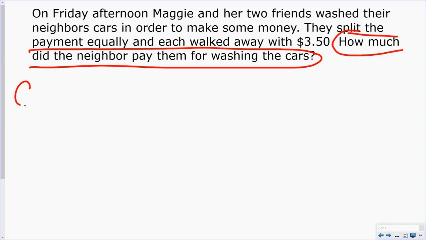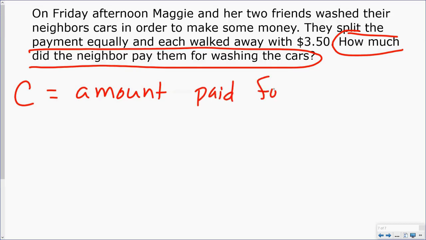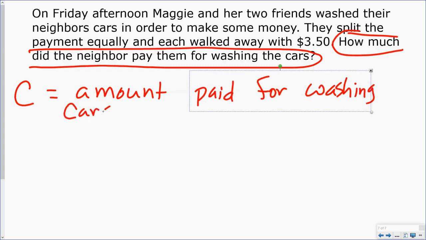So I'm going to use C for amount paid for washing cars. And again, that's what my equation is going to equal.